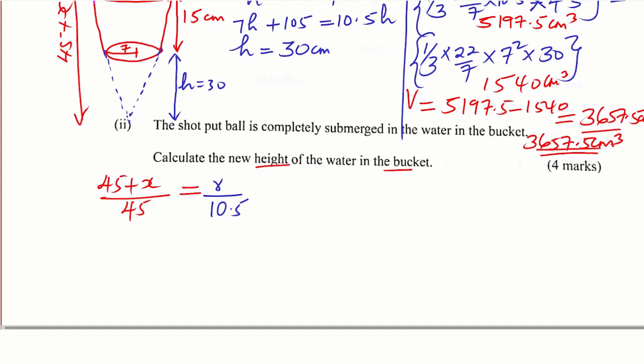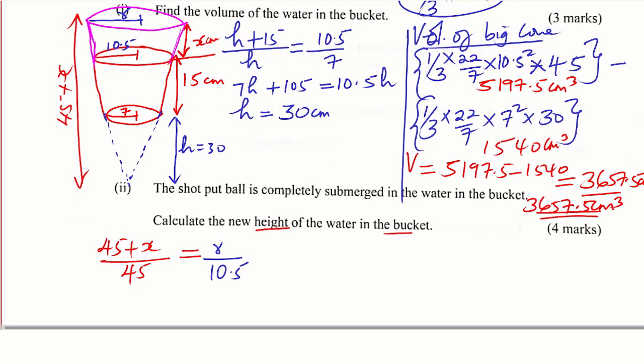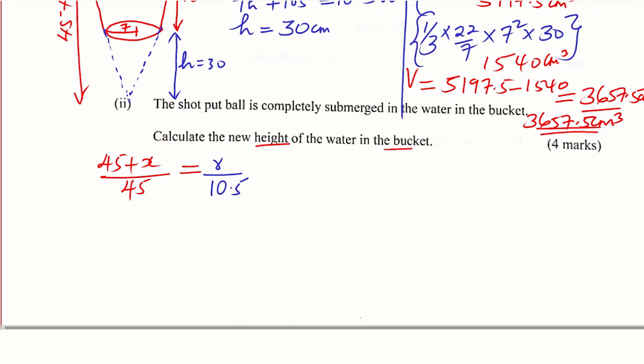So with this we have two unknowns, but what we are interested in is the expression for x, and x is the new height, the rise of the water. So I shall skip some workings here because I've done them already. So make x the subject of the formula.